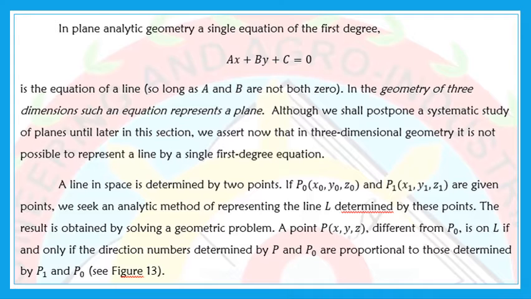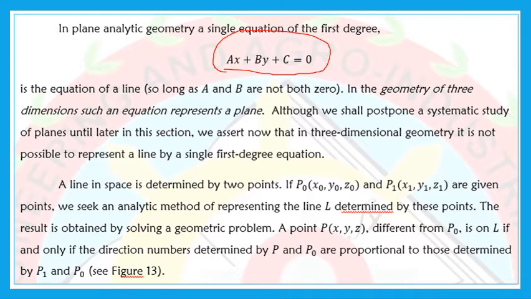In 2 dimensions, this is an equation of a line, but in 3 dimensions, this equation represents a plane. Although we shall postpone a systematic study of planes until later in this section, we assert now that in 3-dimensional geometry, it is not possible to represent a line by a single first-degree equation.